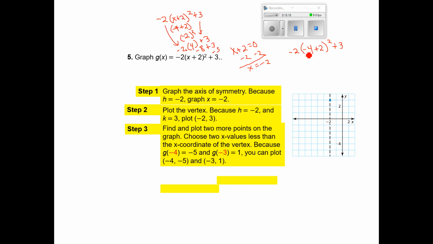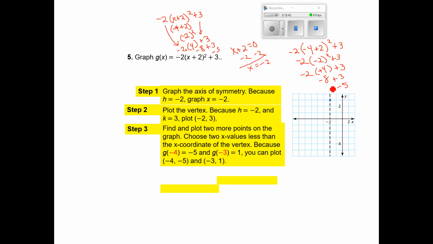When we do this, we see that we're going to get negative 2 times (negative 2) squared plus 3. I know that negative 2 squared is 4. Now we have 4 times negative 2 plus 3. And now we're going to take 4 times negative 2, that's negative 8. Negative 8 plus 3, well, that's negative 5.